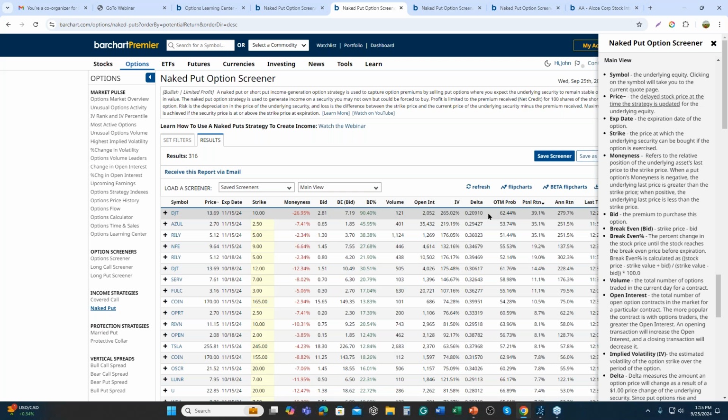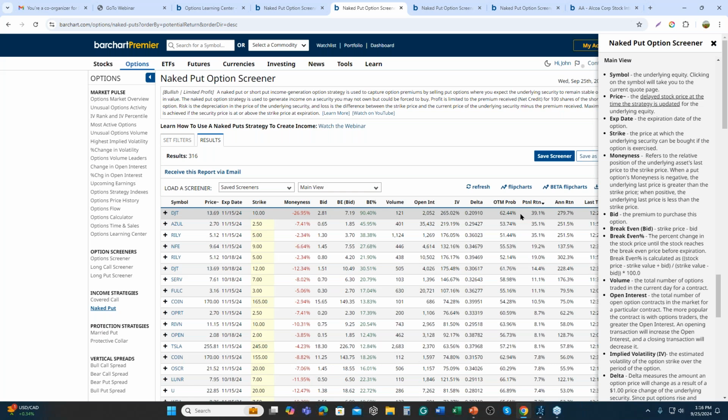I think a better tool for probability that we're going to use is the out of the money probability. This is actually the opposite of delta. This is the chance that price will not finish at the money, and you see that it is in a percentage value. Then we have potential return.